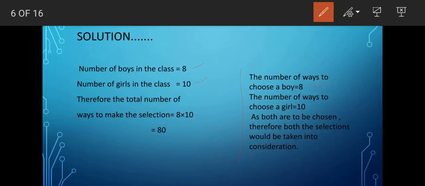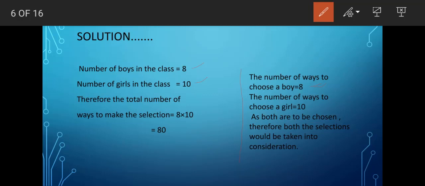There are 8 boys. Out of these we can choose any one boy. Then the number of ways to choose a girl is equal to 10. That means there are 10 girls. Out of these 10 girls we can choose any one. That means we have 10 options for choosing a girl.